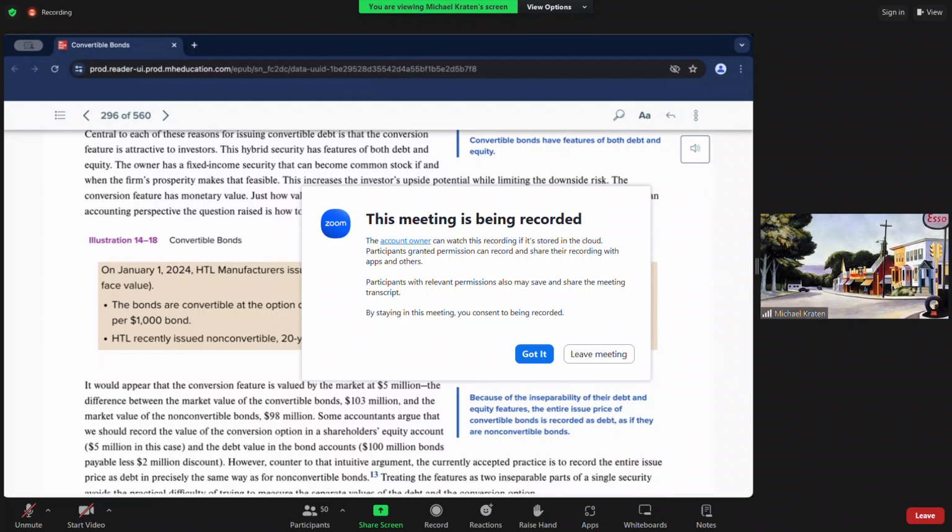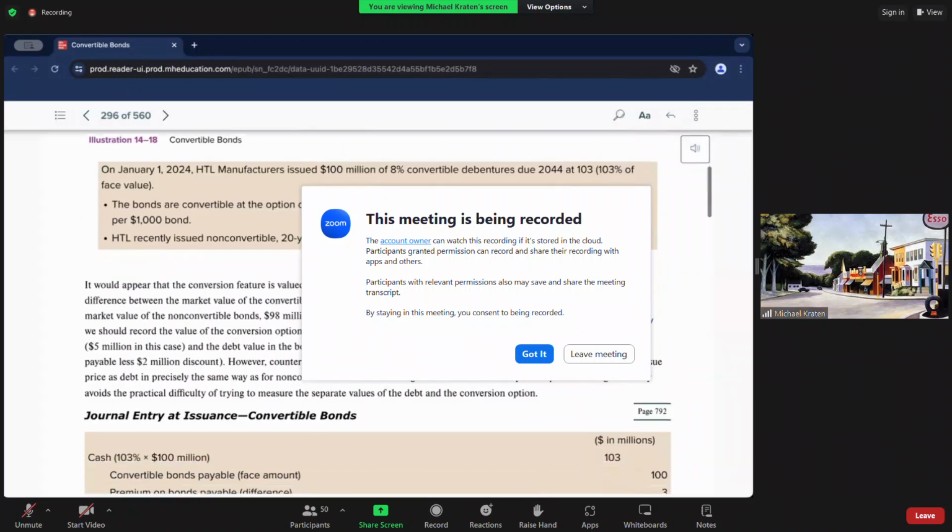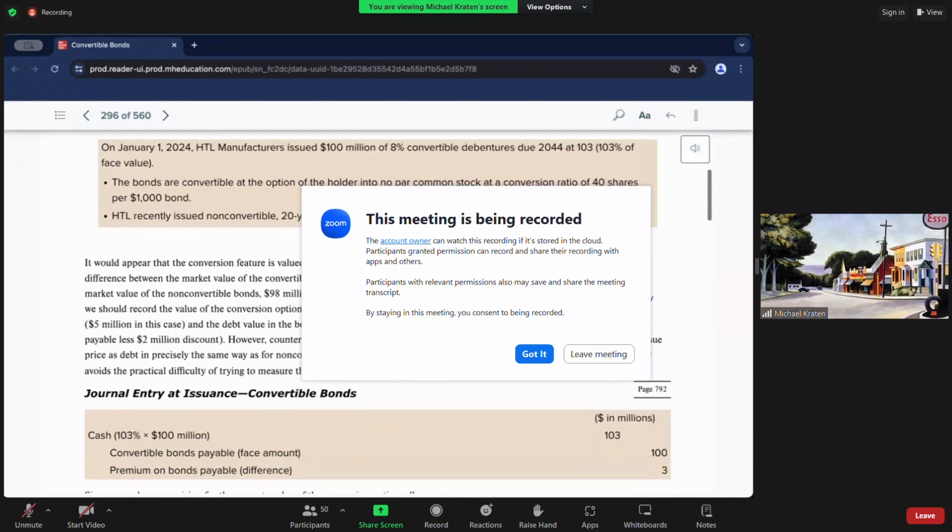So three vocabulary words: convertible, debentures, and then a number which is at or close to 100 but is not exactly 100. What do they mean?